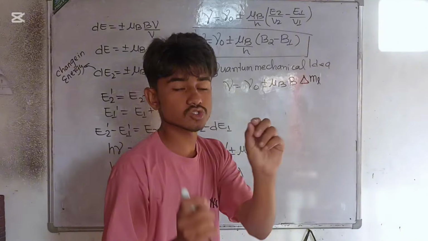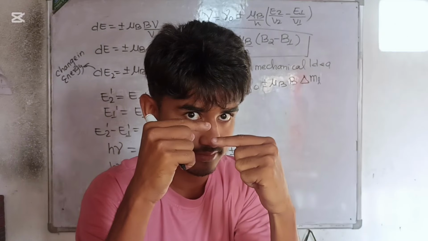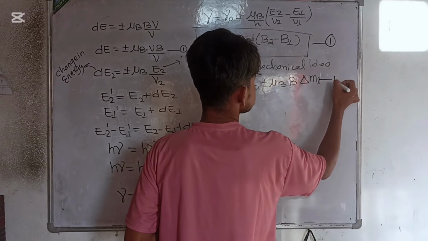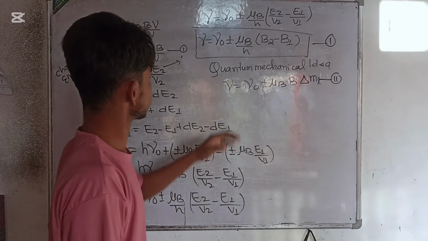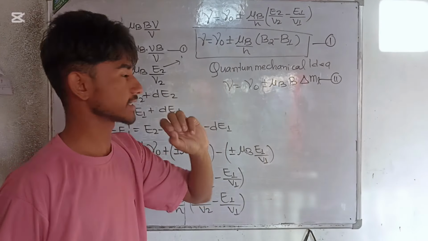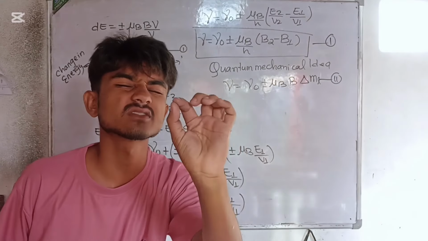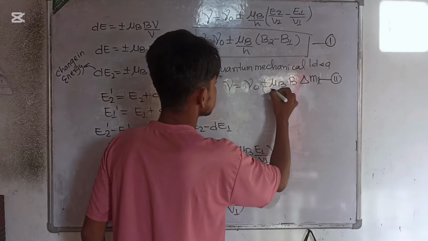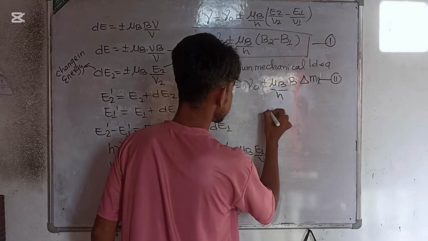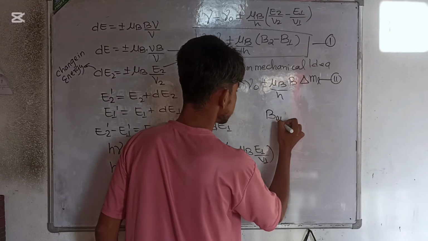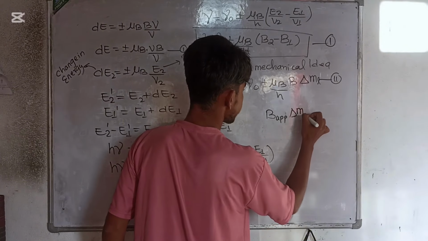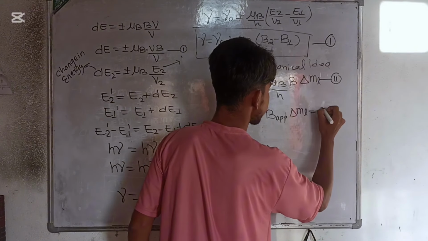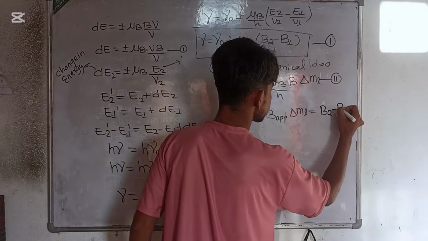So delta ml is the change in magnetic quantum number. Are you getting my point? If you compare this idea and this idea, let us assume both ideas are the same for any instance. Then you will end up getting the applied magnetic field B times delta ml is nothing but the change in equivalent magnetic field, B2 minus B1.